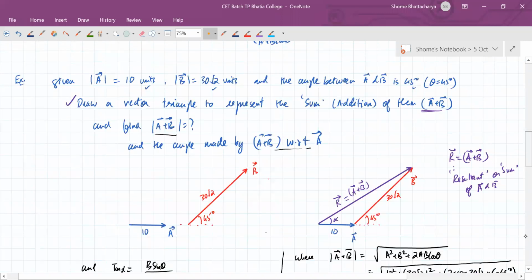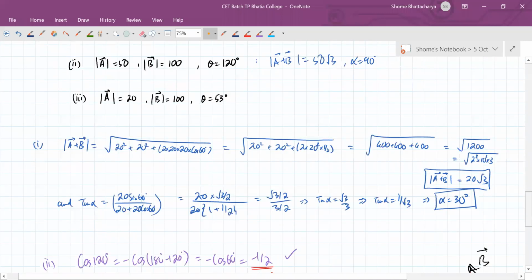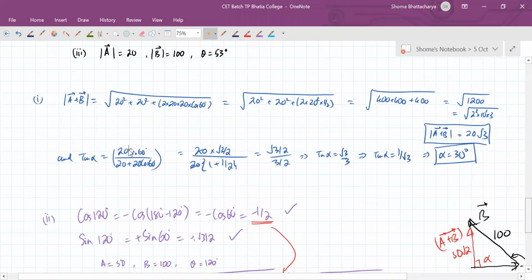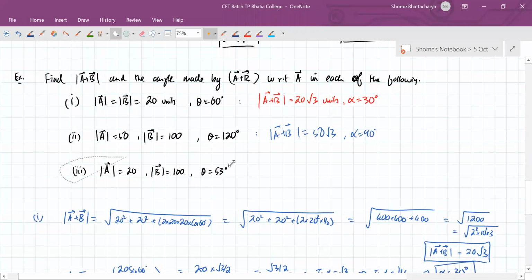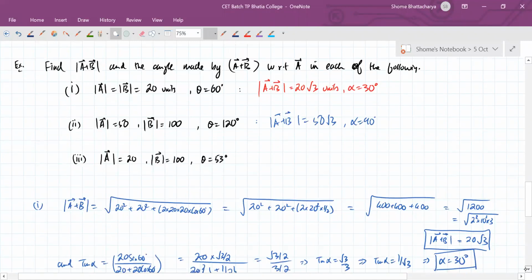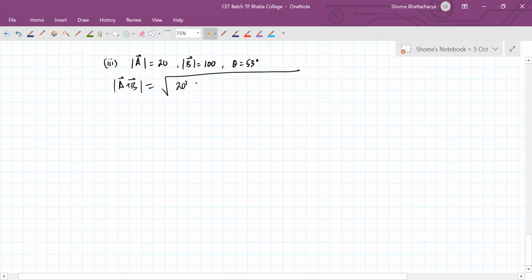Okay, so let's come to the third part. Here you should be getting the magnitude: a square plus b square plus 2ab cos theta.